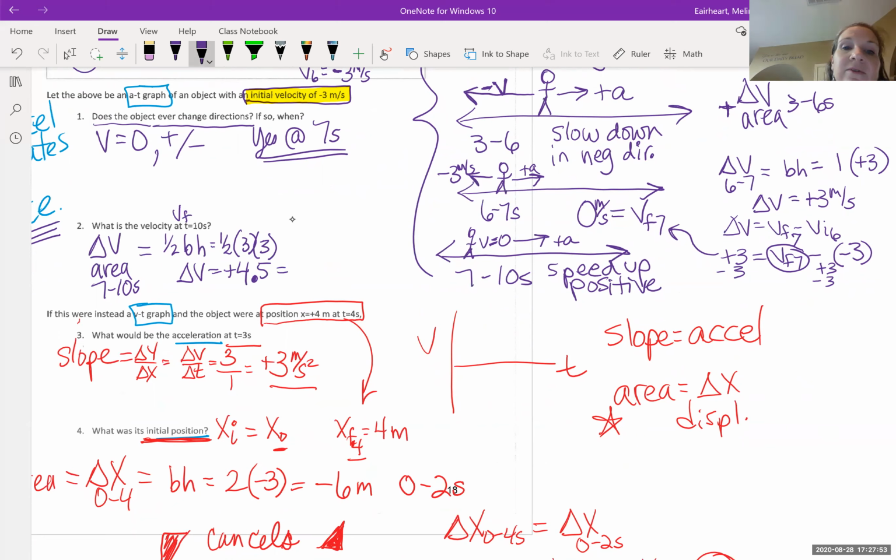And so the change equals the final velocity at 10 minus the initial velocity at 7, which we already found is 0. And so we have our answer. Then the final velocity is equal to 4.5 meters per second.